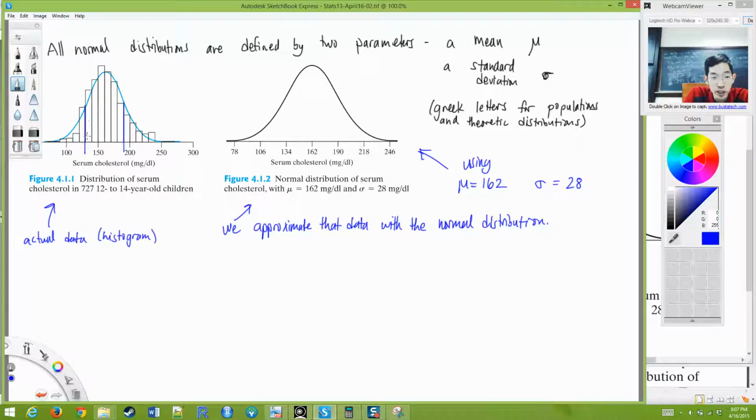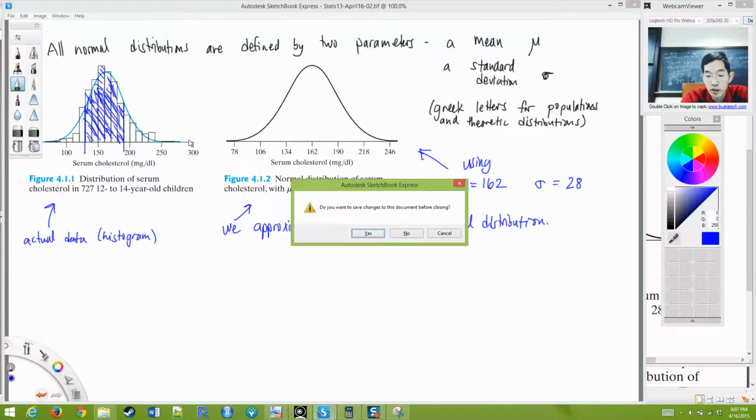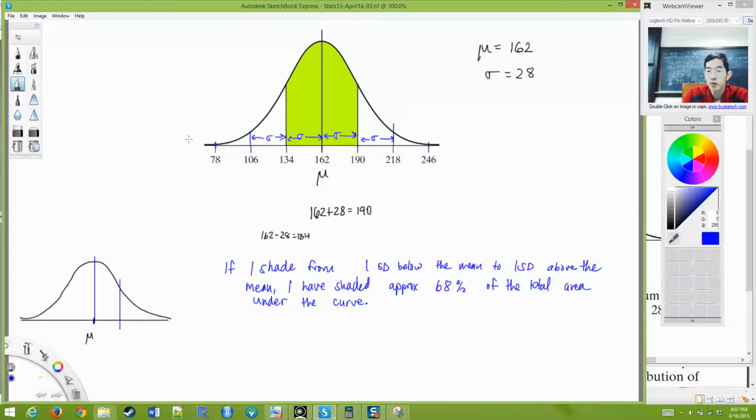And if I shade in everybody in the data, the normal distribution says I would have shaded approximately 68% of the people in our data set would have cholesterol levels between 134 and 190.